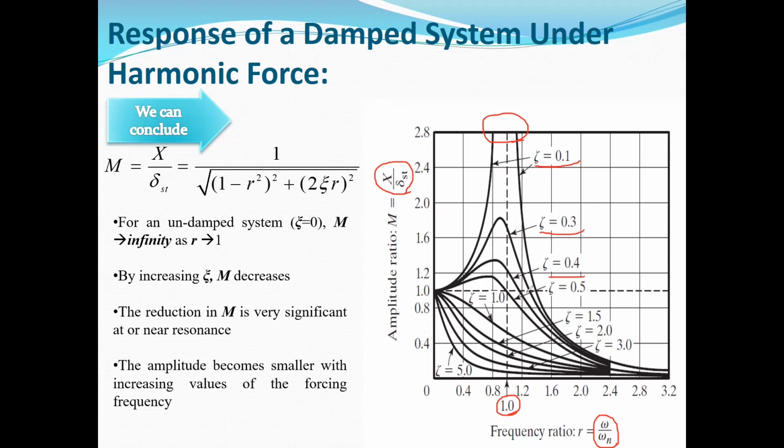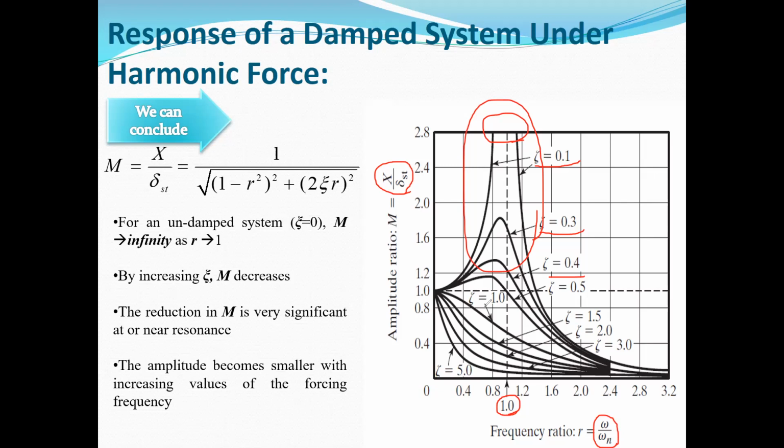And also the reduction of M, or the amplitude ratio, is very significant in this area when we are close to the resonance area, or when R is close to 1. So when omega is close to omega n, the amplitude ratio will increase significantly.